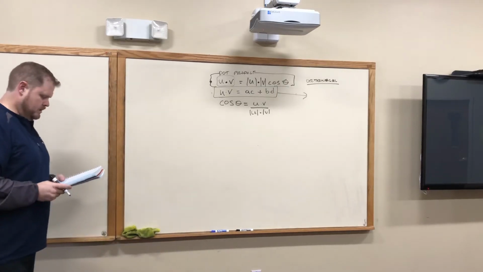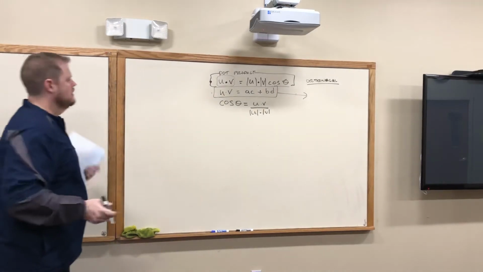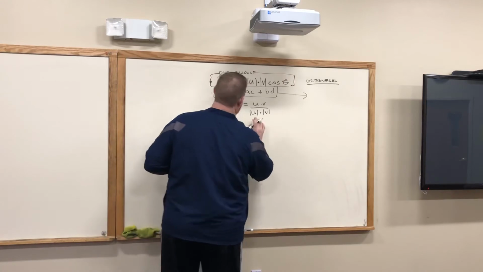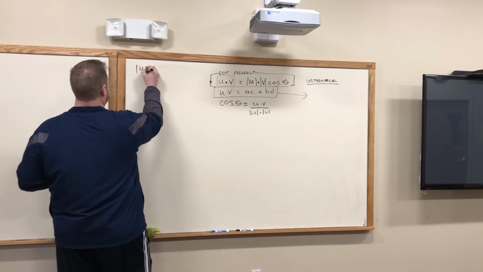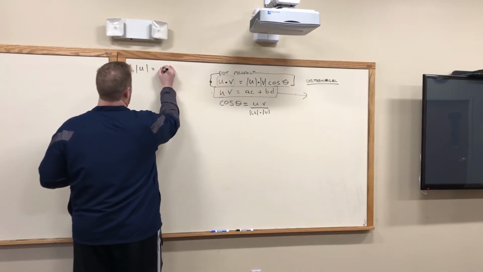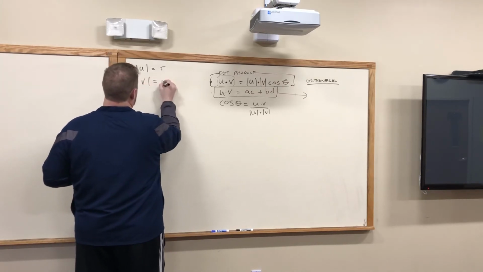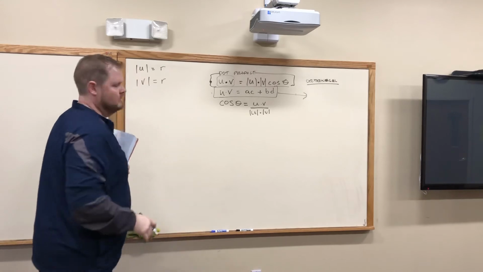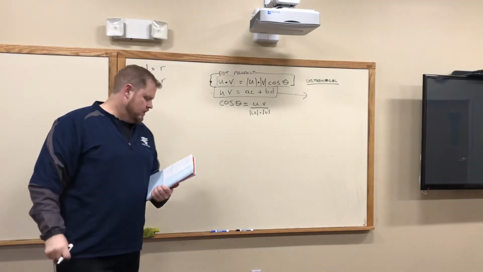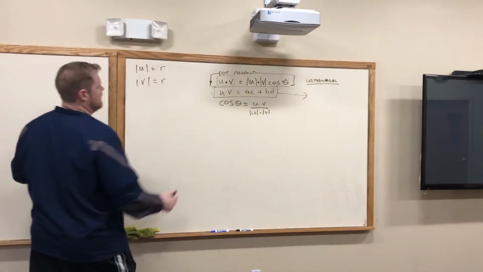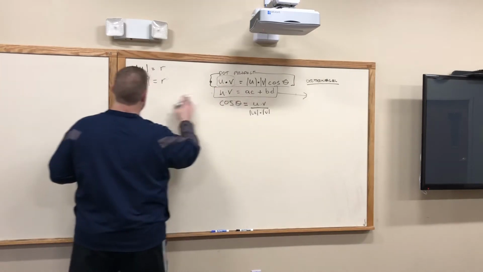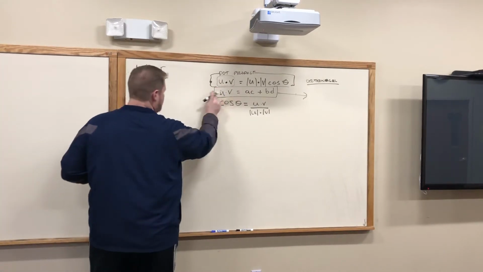Now, does everybody agree with that? So now, what are our absolute values? Our absolute value of u is really the r of that vector, and the absolute value of v is the r of that vector. And so what you're going to do here is use both of these equations. You have to use these two and this to solve this.